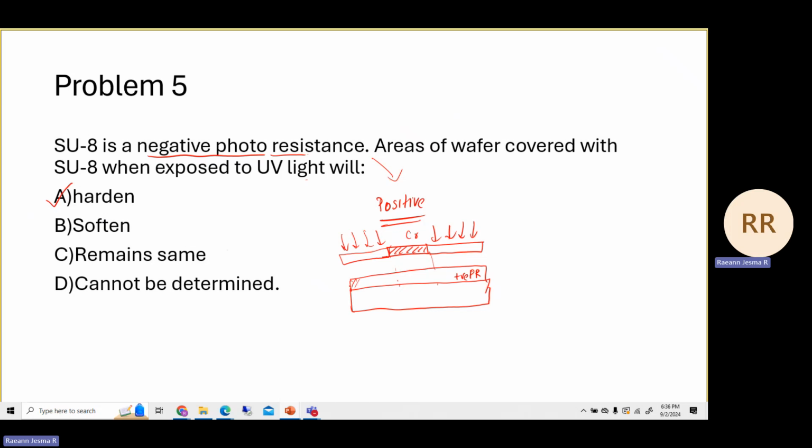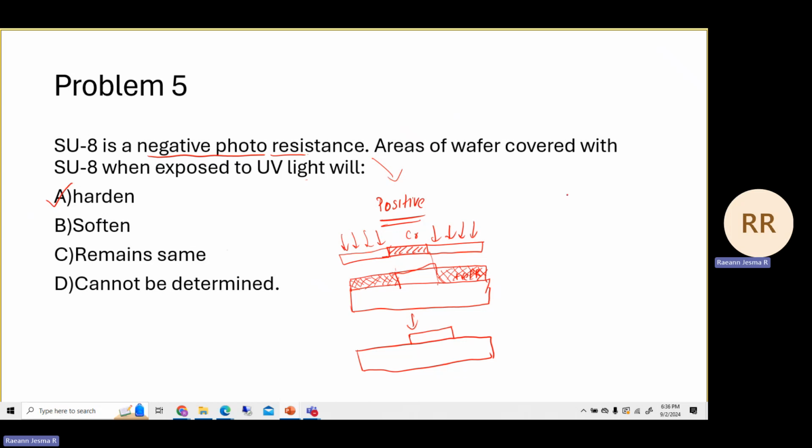So these regions will be more soluble and they will easily get dissolved. So if you see here, these regions will easily get dissolved. And after we dip the sample in a developer followed by DI water wash, then we will see photoresist only in this region, the region where there was no light exposure. So only in those regions we will see the photoresist remaining.